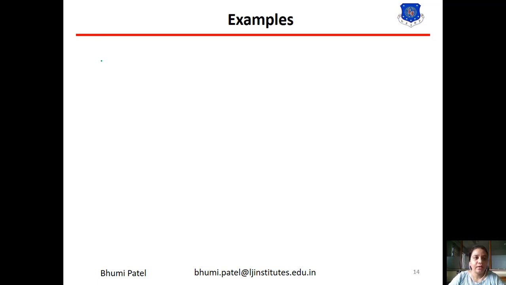So the final transfer function is nothing but the output upon input. The equation is F1 delta 1 plus F2 delta 2 plus F3 delta 3 upon delta.